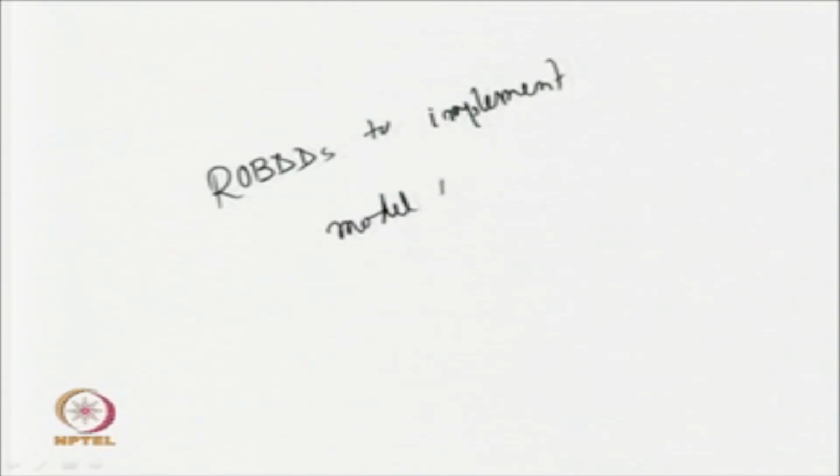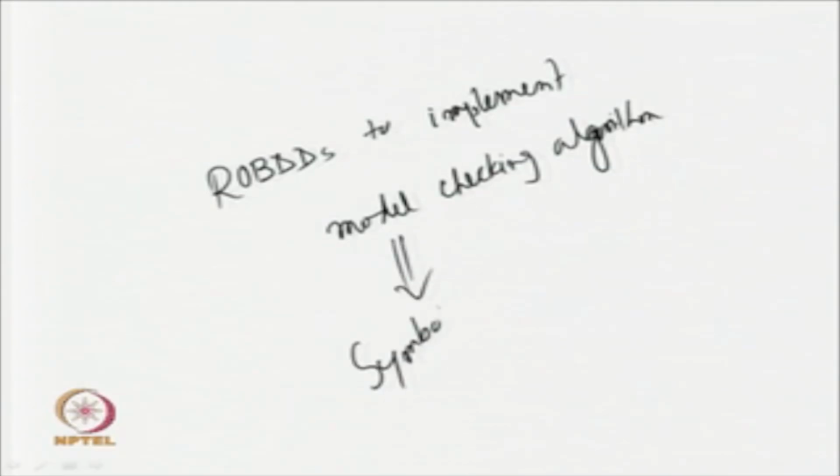We use ROBDDs to implement the model checking algorithm, and whatever model checking algorithm we get, we say this is symbolic model checking. Okay. We have seen these particular things.